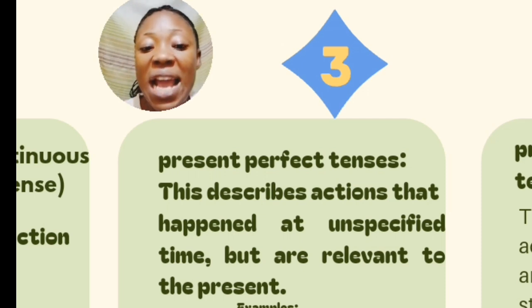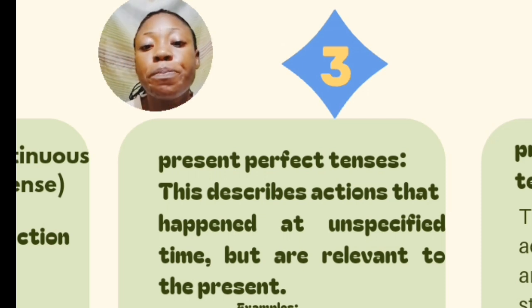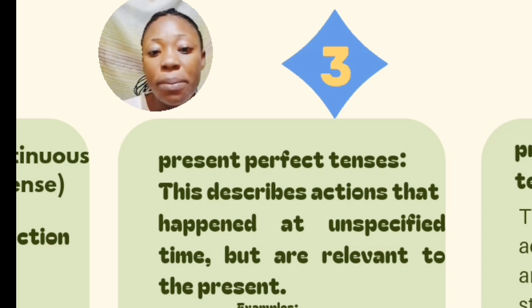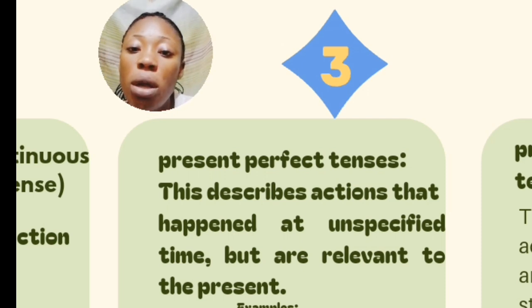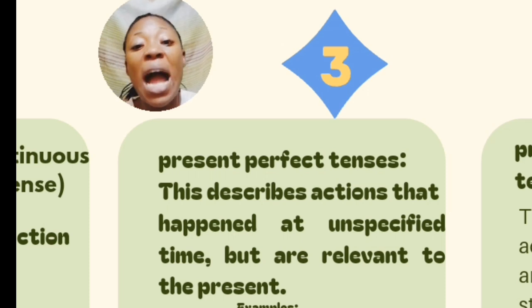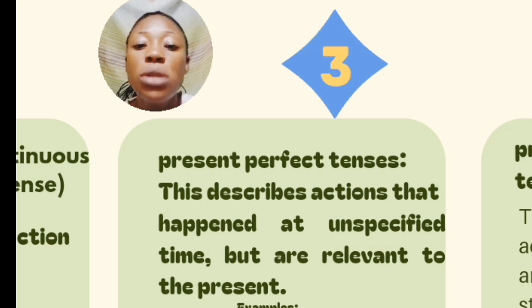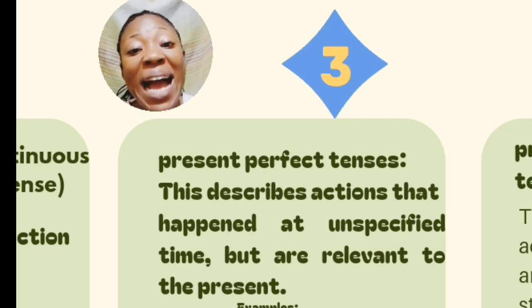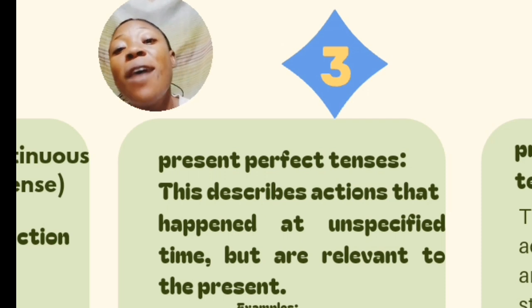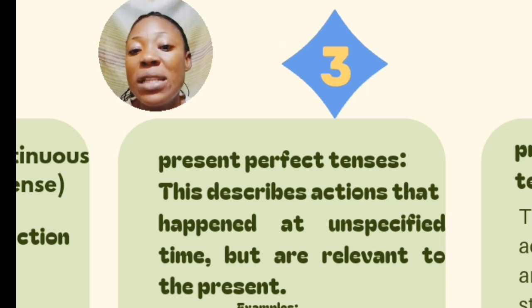It is very important in the present. Example, they finished their homework. Homework is a necessity. So he finished his homework yesterday. It had happened before now, but it is very relevant. He doesn't say he finished his homework at about 6 o'clock. No. So it describes actions that happened at an unspecified time but are relevant in the present.